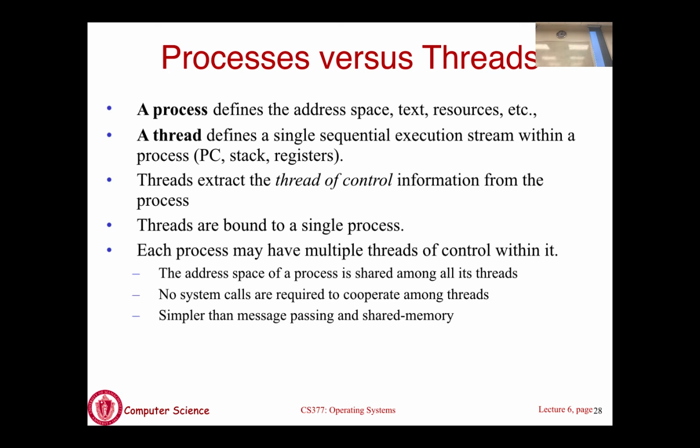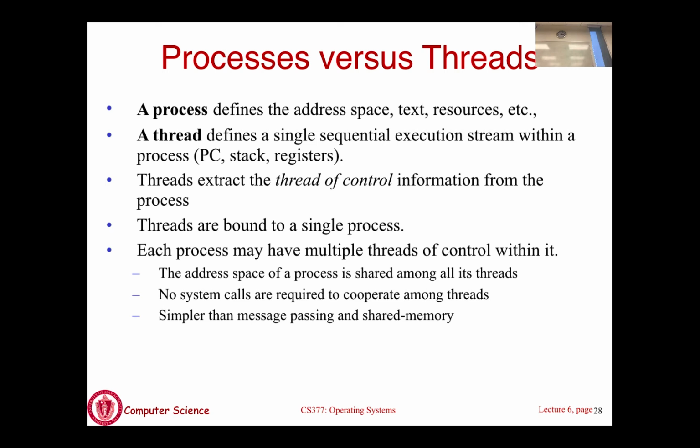Any function can be executed by any entity. Each thread is going to get its own stack, because when you call a function, you have to expand the stack. So the stack is no longer shared; there has to be multiple stacks, one per thread. The heap, on the other hand, is shared, because that's dynamically allocated memory.